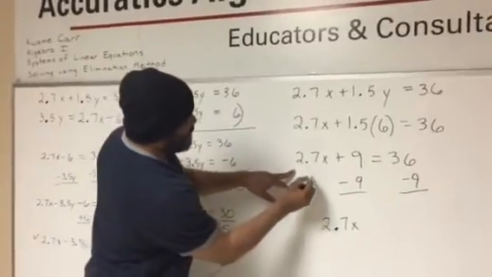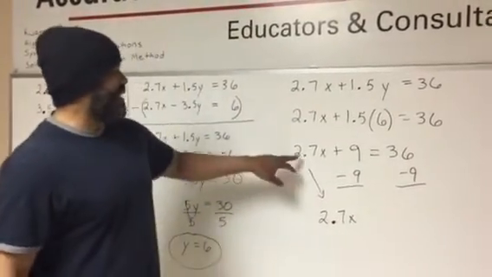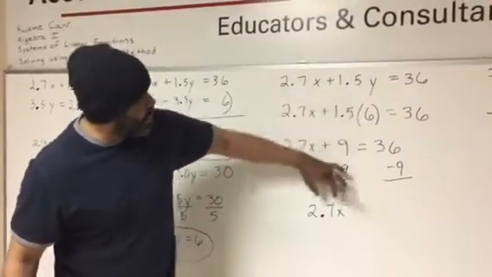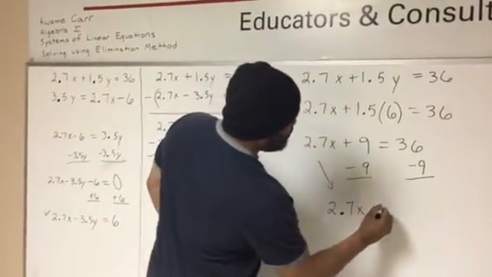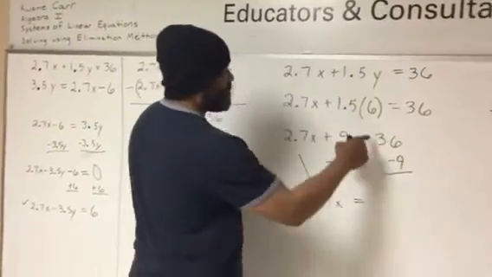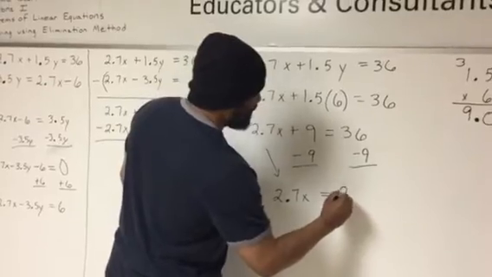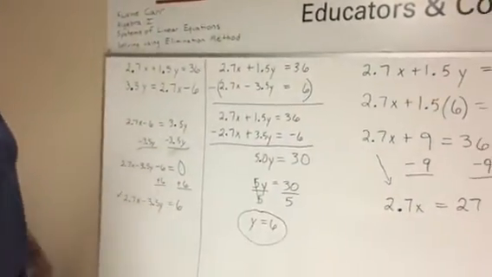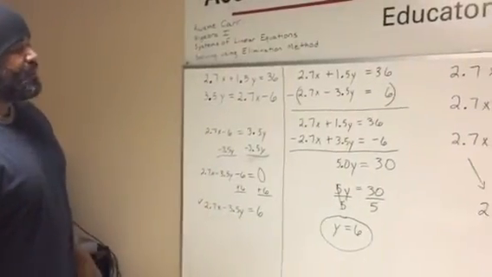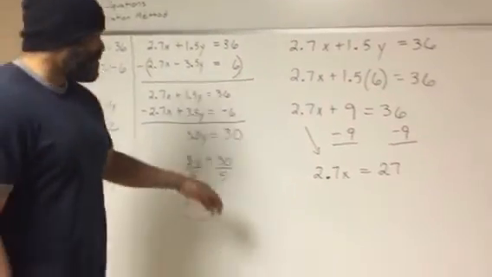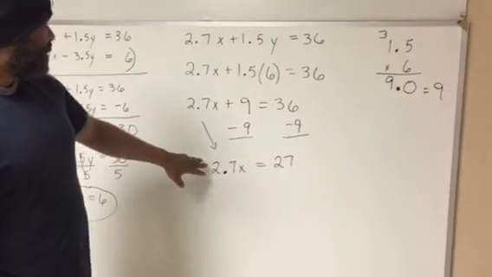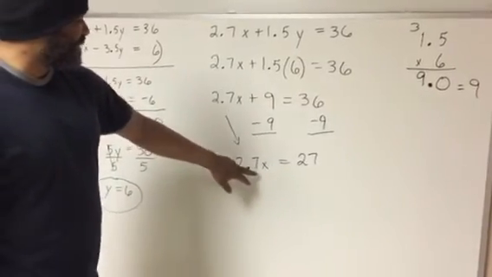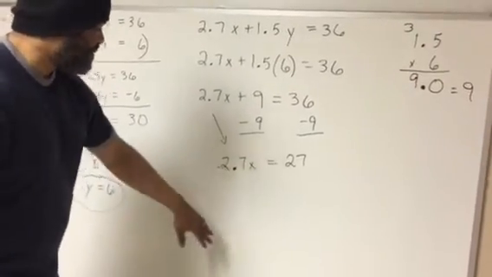So the only thing that is left is this 2 7/10 x. This is 0. Don't bother writing it. Boom, boom, equal sign. I'm just copying. 36 minus 9 is 27 all day long. Now that's looking nice and pretty because now I have a one-step equation that boils down to asking yourself, what number can you multiply times 2 7/10 to get 27?